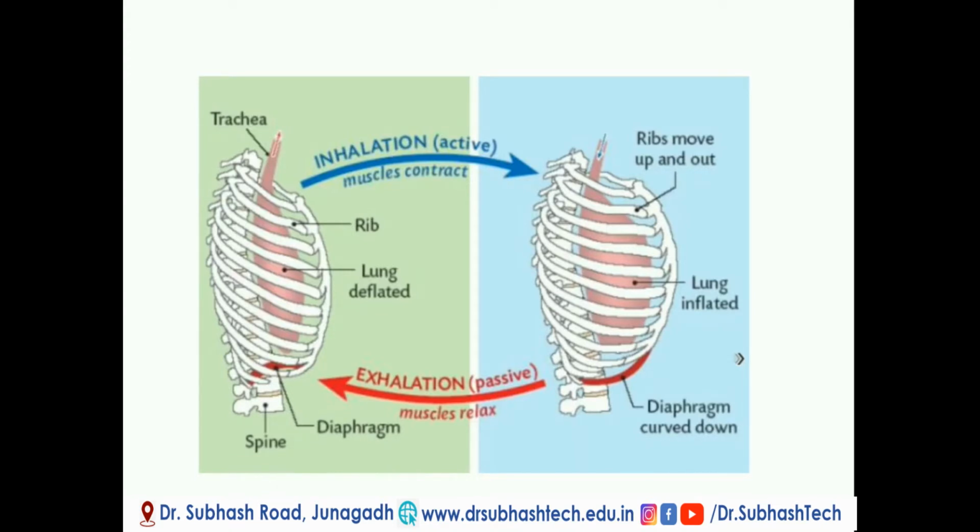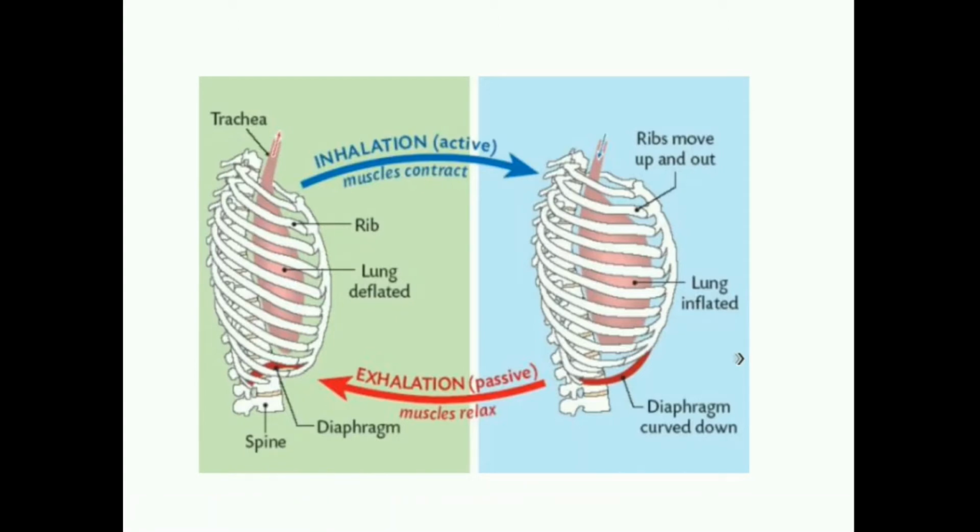So here it won't only involve the lungs. There will be supporting muscles also, like the intercostal muscles as well as the diaphragm, which help in inhalation and exhalation, allowing muscles to contract and muscles to relax.